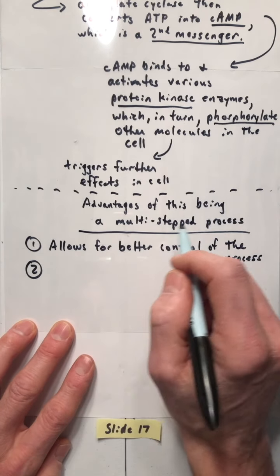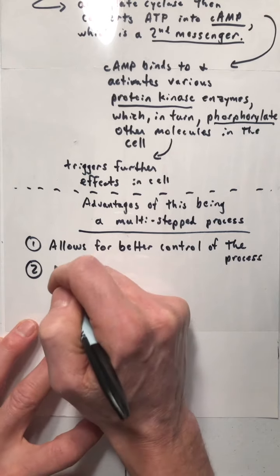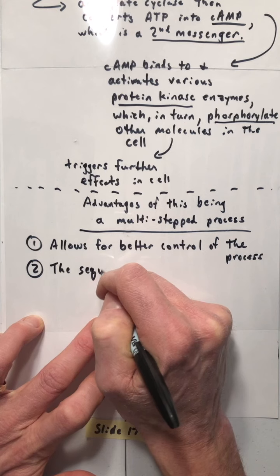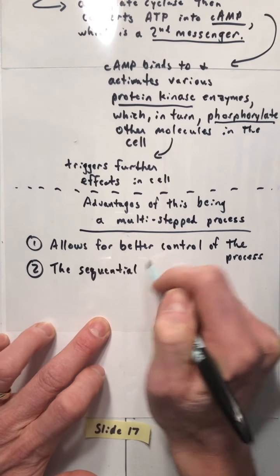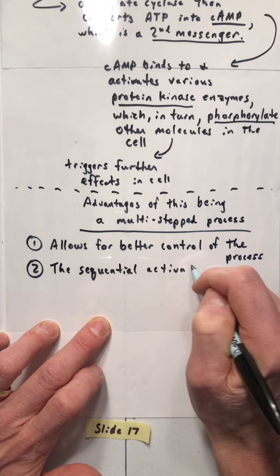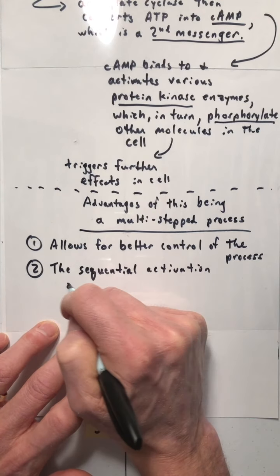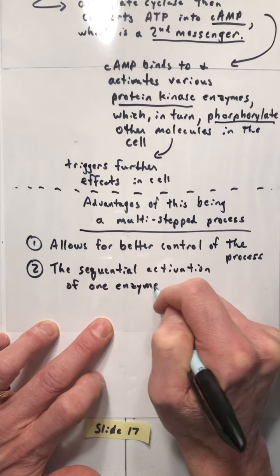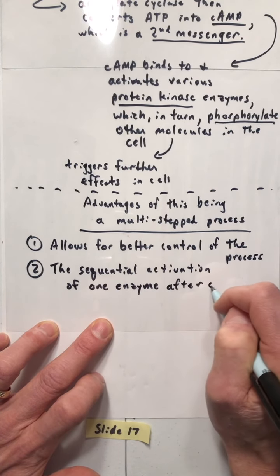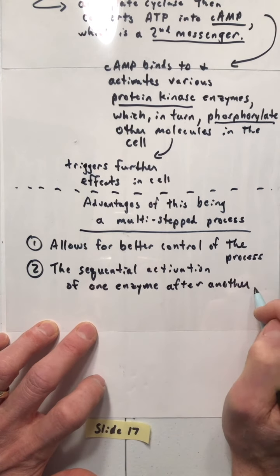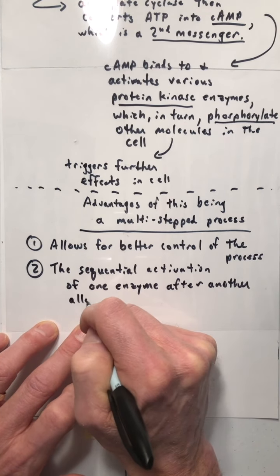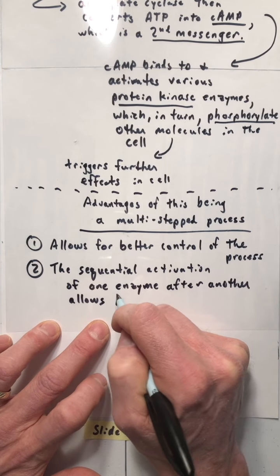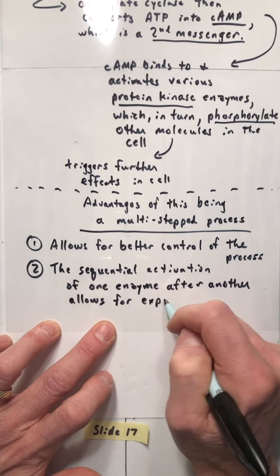So again, a multi-stepped process, the sequential activation of one enzyme after another in this process allows for exponentially more potent effects of that hormone.